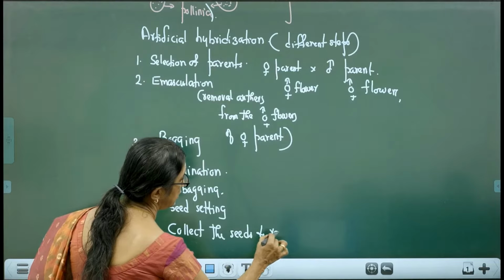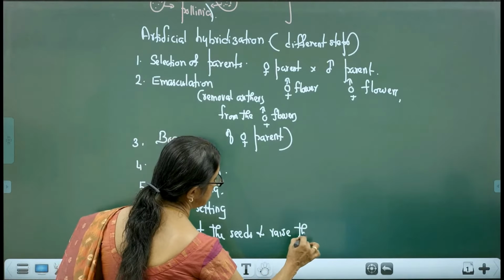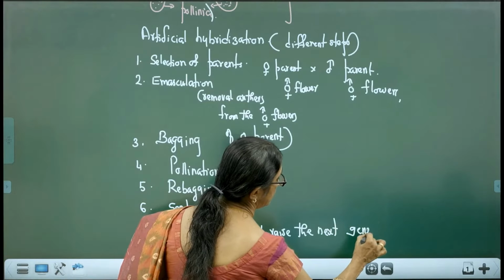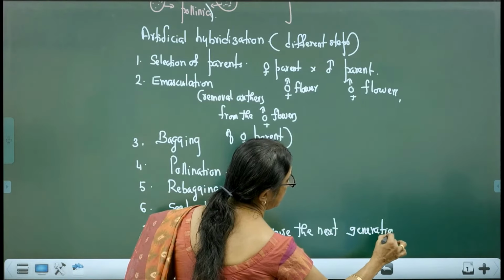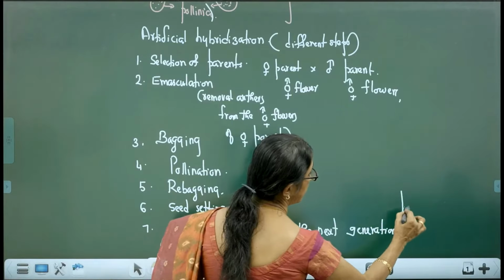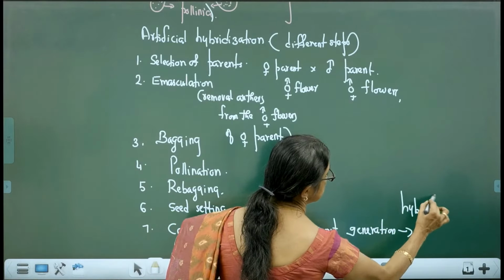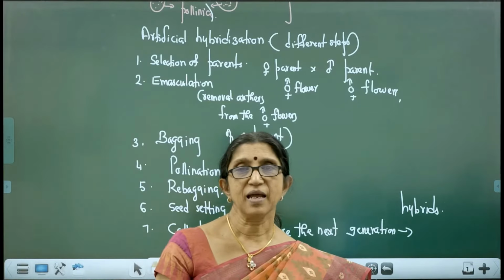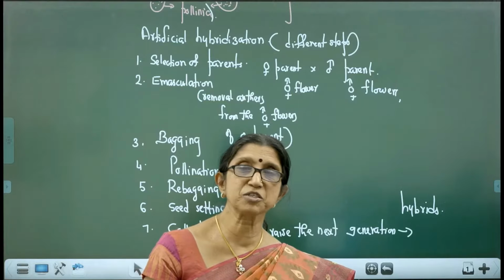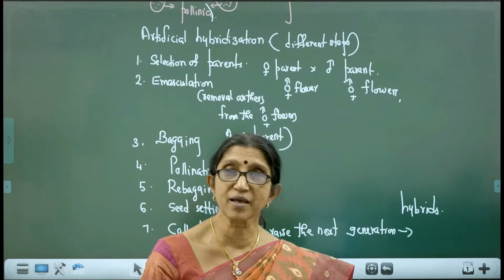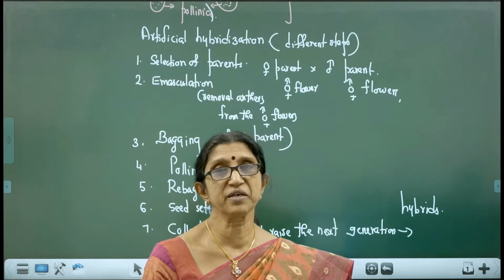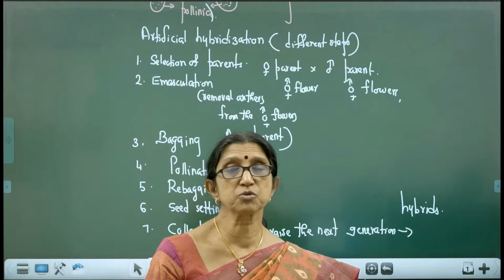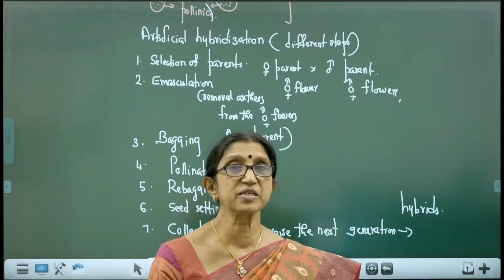Such resulting plants are called hybrids. Hybrids show better performance than the parents, and the vigor and vitality shown by these hybrids over their parents is called heterosis or hybrid vigor. So these are the various steps the breeder has to follow to do artificial hybridization.